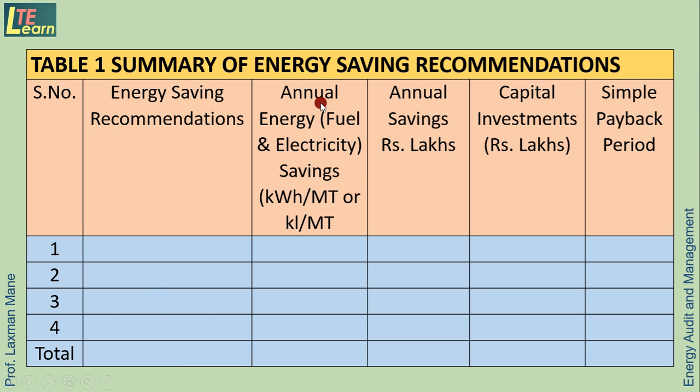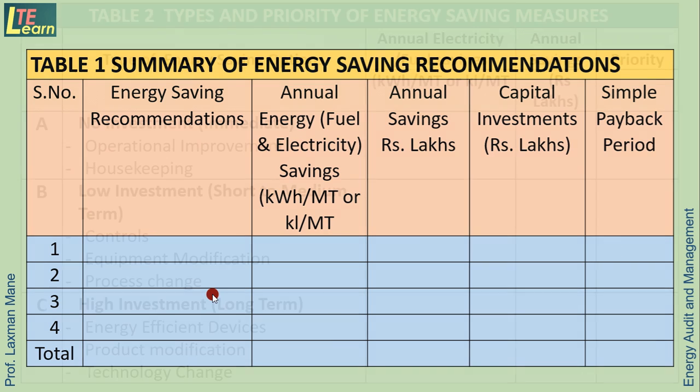Then here its annual energy, that is fuel and electricity savings, which is given in kilowatt hour per metric ton or kiloliter per metric ton. Here annual saving in lakhs is given. Capital investment required is given and simple payback period is mentioned.